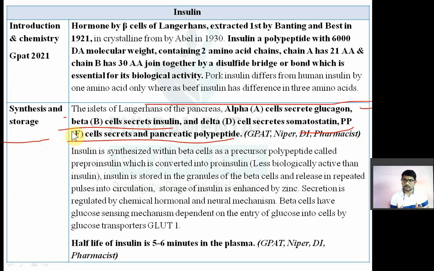Glucagon and insulin have exactly opposite roles. Glucagon will increase the blood sugar level and insulin will decrease the blood sugar level. They have opposite action.